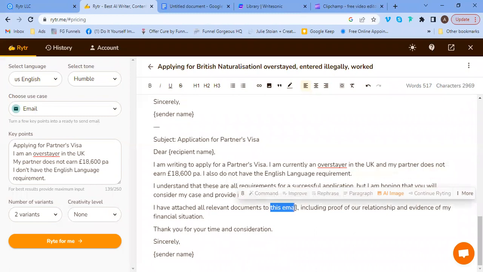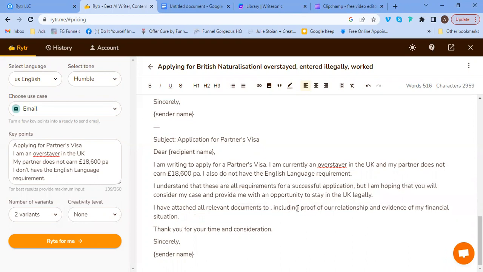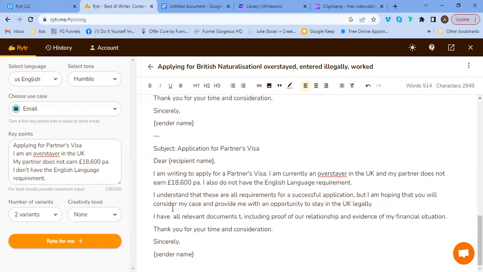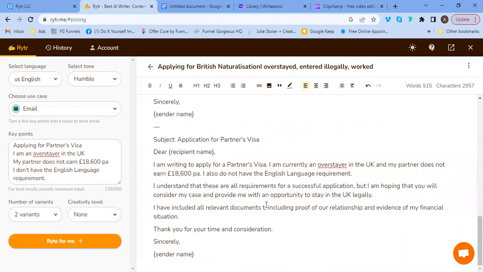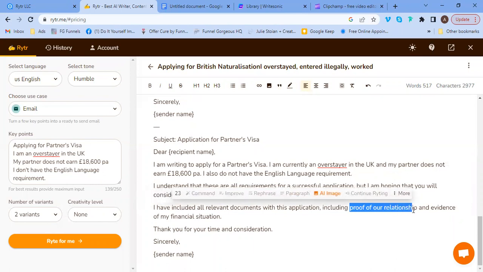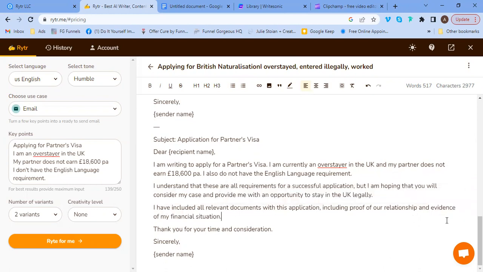So you're not sending an email, so to this I have attached, you would say, I have not attached, I have included all relevant documents in this application. Okay, so including proof of relationship. So it's picked up that you need to prove your relationship and also evidence of my financial situation. Now, this requires a little bit of tweaking, but I think it's a starter. Okay, so you can use that as a starter, and then you just add what needs to be added.